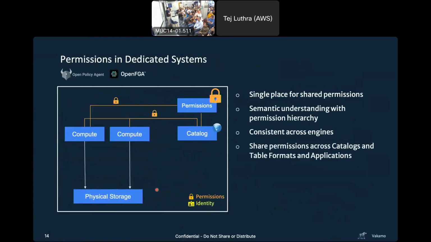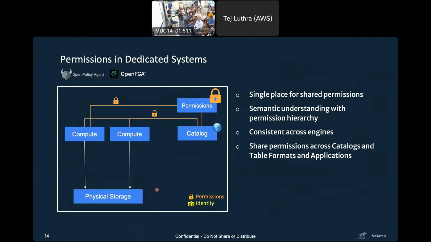So how does this look if we have permissions in a dedicated system? Just to make this slightly more concrete, what this could look like. There are multiple tools out there that allow people to store permissions in different forms. There is, for example, Open Policy Agent. There is OpenFGA. Those are both CNCF projects.